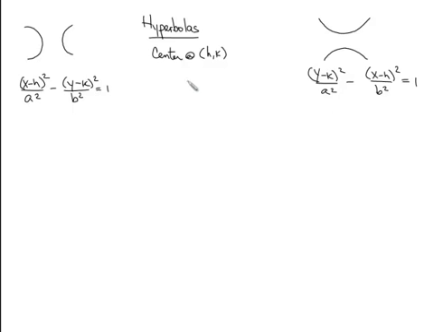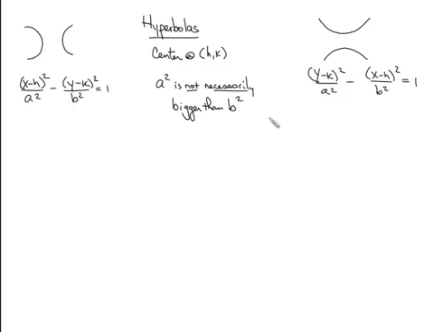The difference here is the fact that on ellipses, a squared was always bigger than b squared. Now, a squared is not necessarily bigger than b squared. Not necessarily. Sometimes it's bigger, sometimes it's smaller. Sometimes they're both the same, which does not happen with ellipses, because then it becomes a circle.